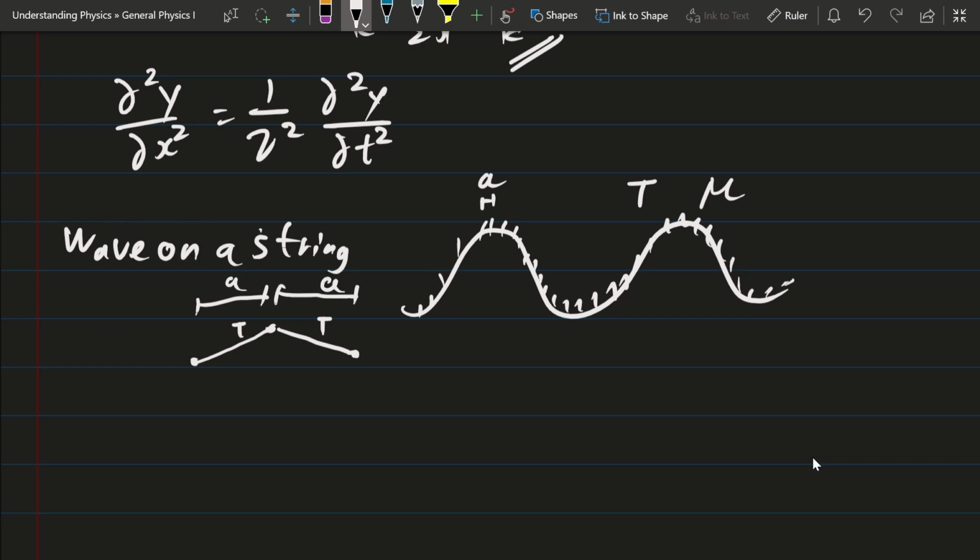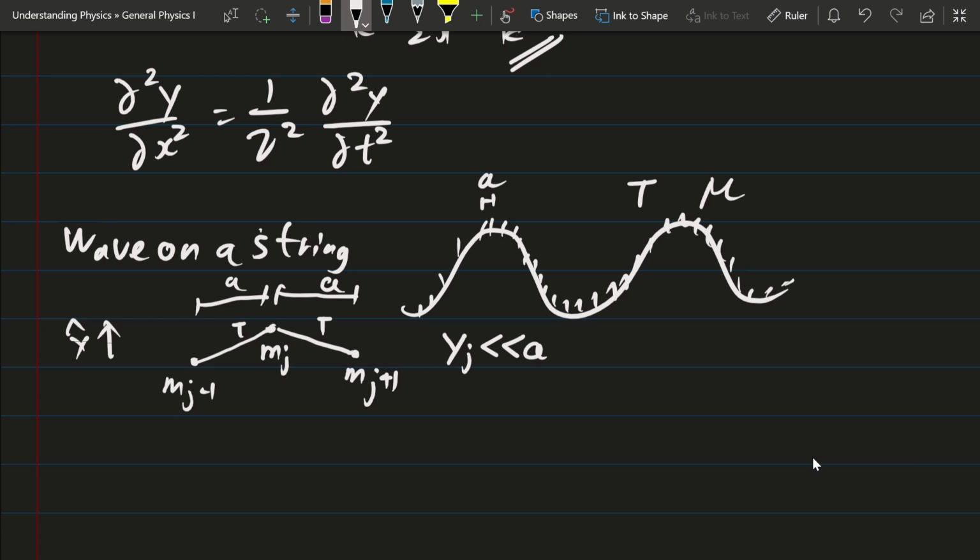For an arbitrary point, I will say this to be mj, this will be mj minus 1, and this one will be mj plus 1. There are some assumptions that I will make. This will be in the y direction. First of all, I want to state that yj will be much smaller compared to a. Basically this states that the change in y wouldn't be so dramatic such that Pythagoras should be applied every time.